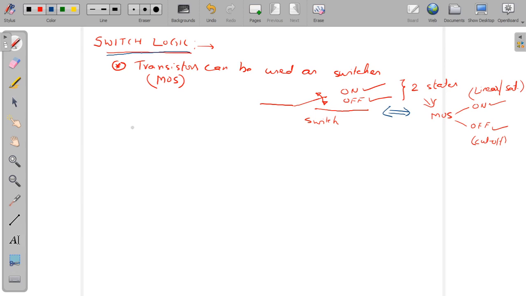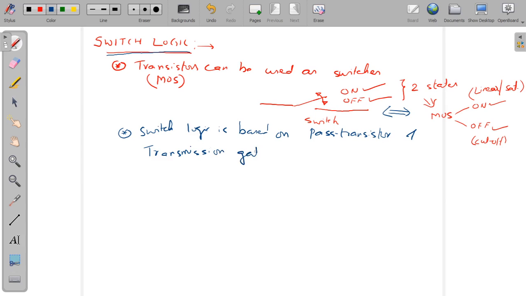As far as switch logic is considered, it is based on, as we will see, the pass transistor and transmission gate logic.